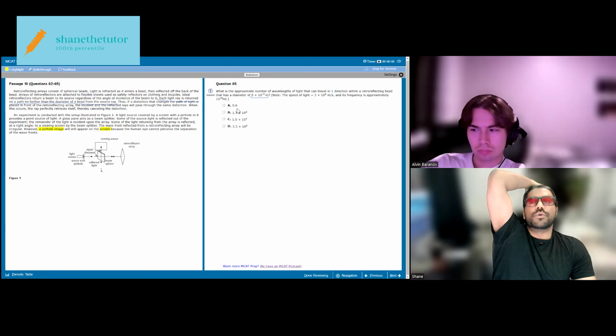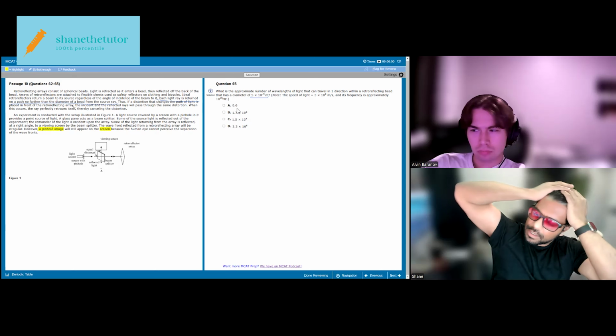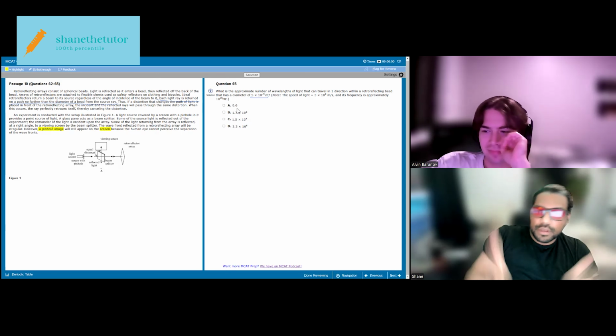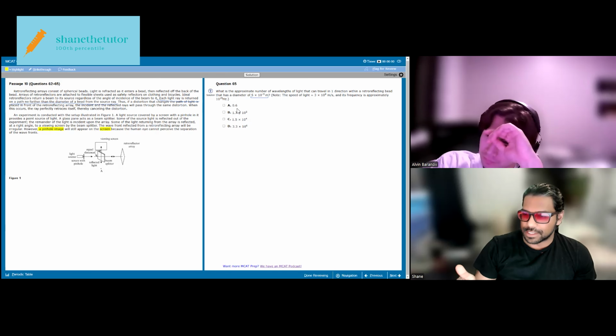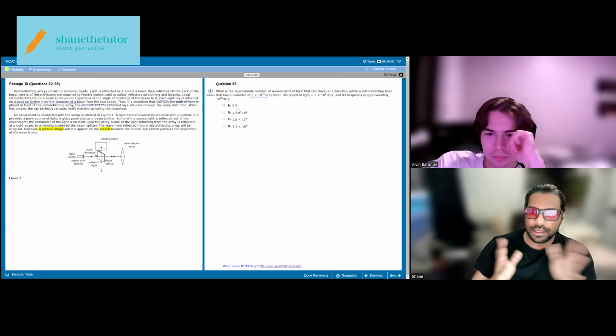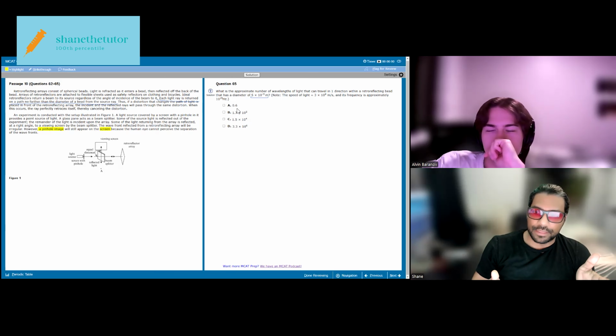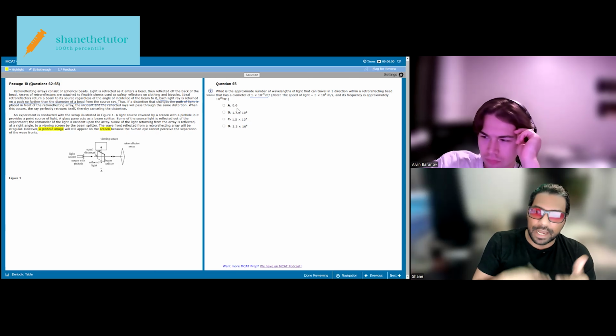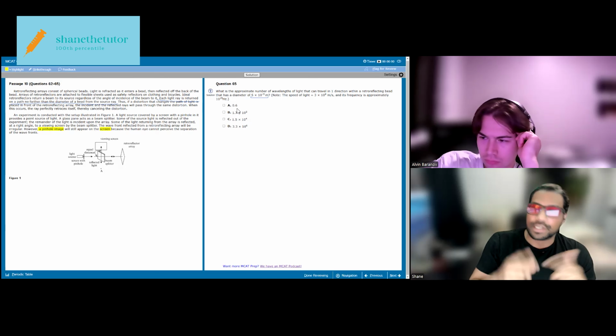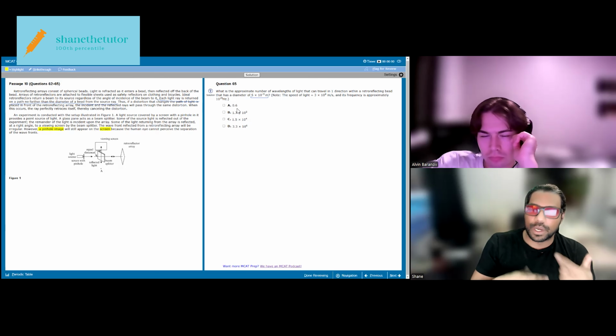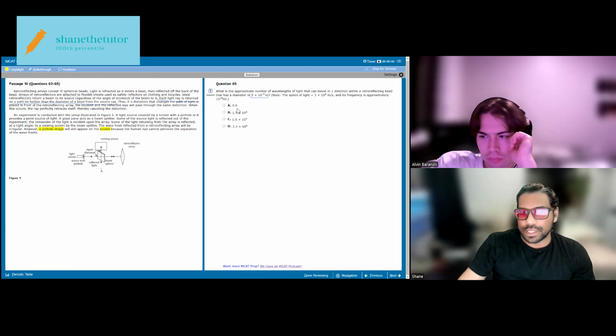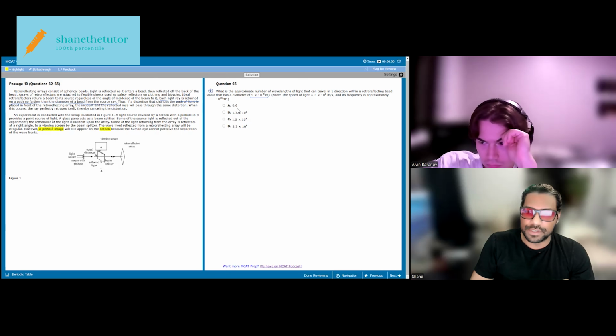Okay, makes sense. So that can give us the distance that the light travels, and once you find the wavelength, you can divide the distance by the wavelength to figure out how many waves. They're asking for the approximate number of wavelengths, which essentially means the number of waves.